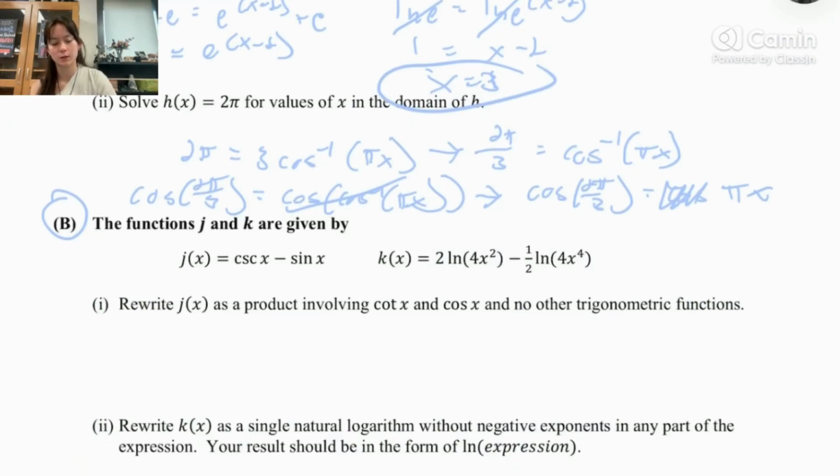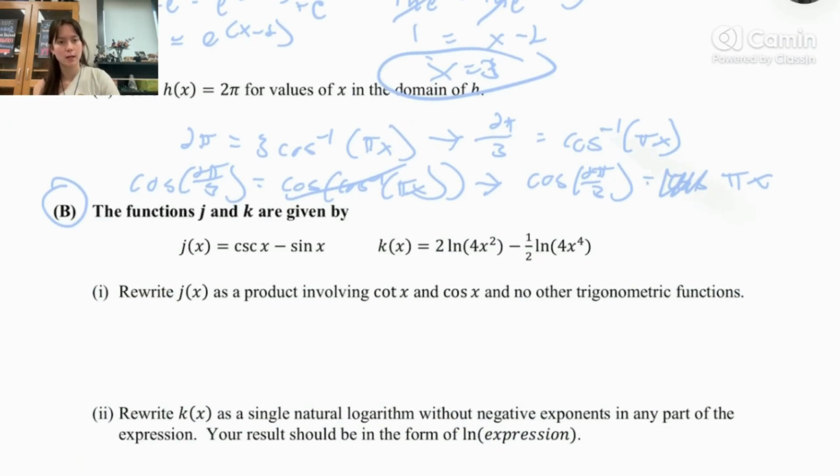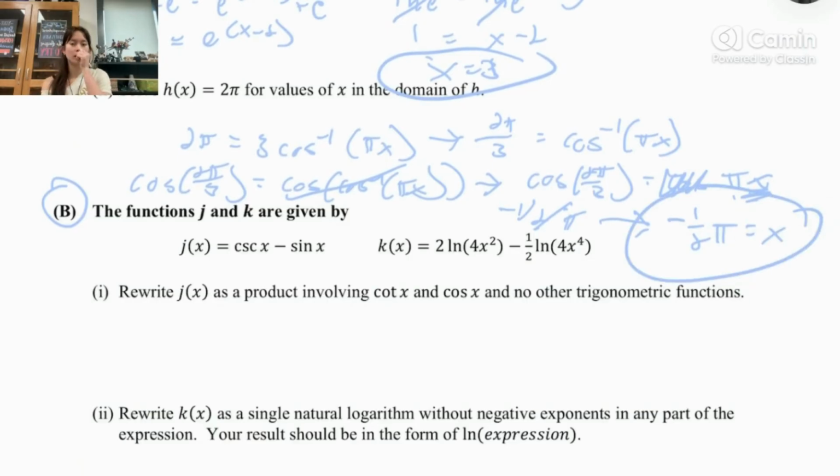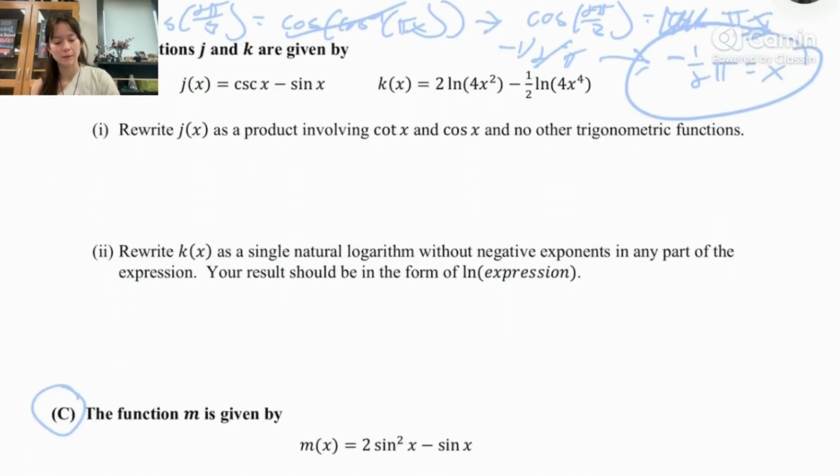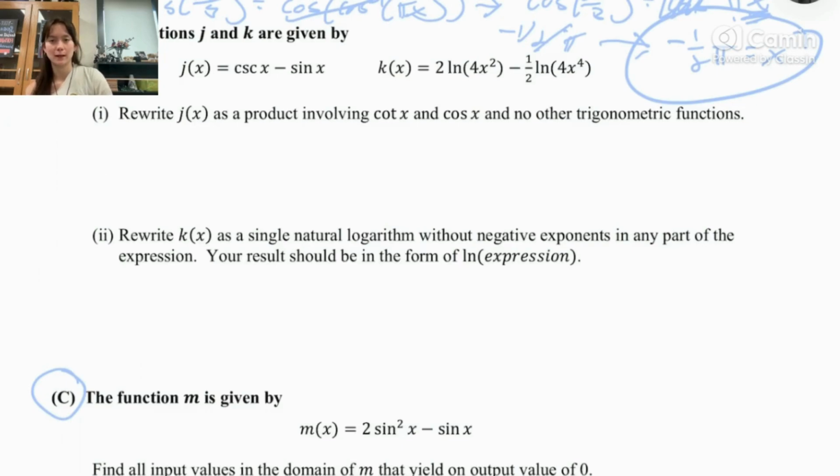And from there, you'll figure out that cosine of 2 pi over 3 will get you negative 1/2, and that you'll divide both sides by pi to get x on just one side. So your final answer will be negative 1/2 pi equals x. Perfect. Then part B.